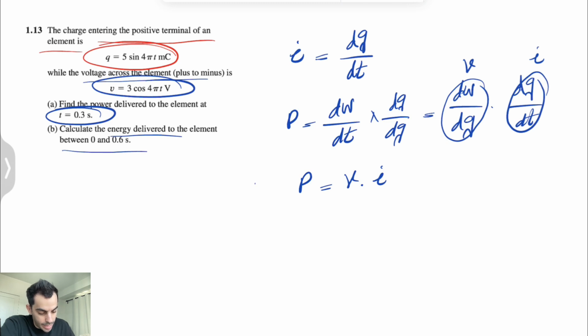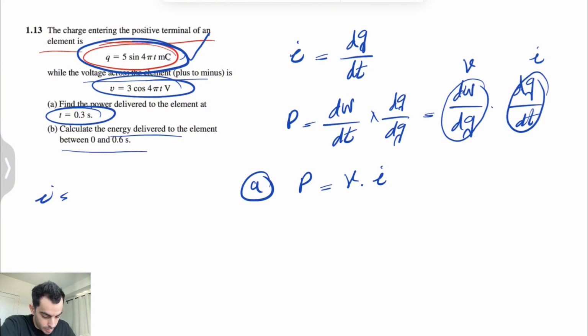In the A part of the question, we basically need to find the power delivered to the element at 0.3 seconds. So first of all, we need to find the current in here. Our current would be the derivative of the first equation with respect to t. So the I would be the derivative of our charge, which is 5 sine of 4 pi t.